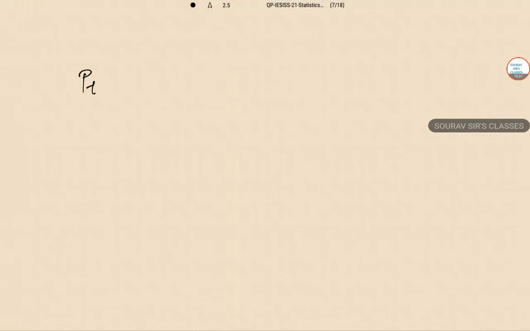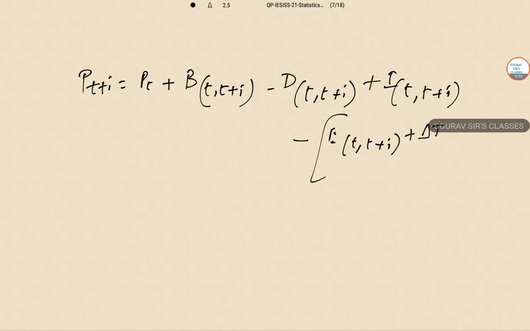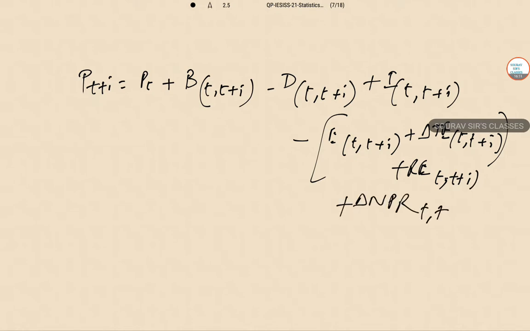So P of t plus I equals P t plus B t comma t plus I minus D t comma t plus I plus I t comma t plus I minus E of t comma t plus I plus delta T E t comma t plus I, plus RE t comma t plus I plus delta NPR t comma t plus I plus delta N t comma t plus I. So this is the whole thing.